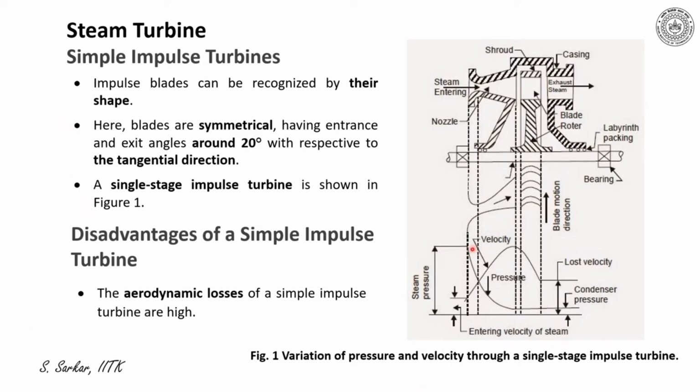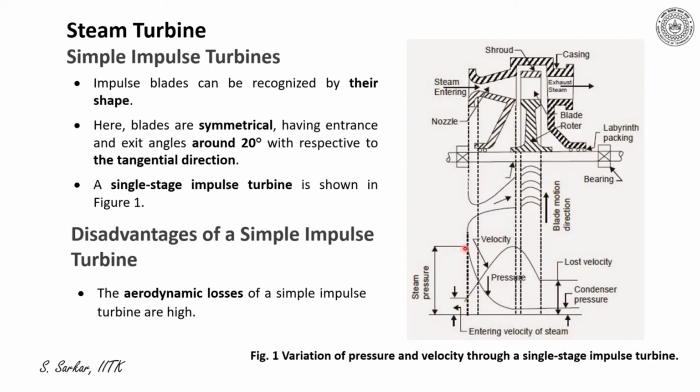I have also presented here the pressure and the velocity distribution within the nozzle and the rotor. This value represents the inlet velocity, and this is the inlet steam pressure.